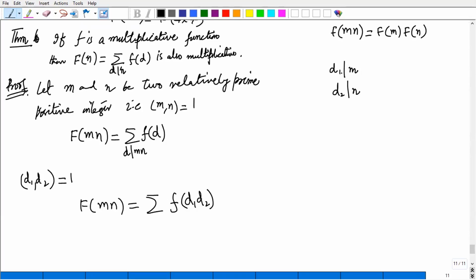So we represent divisors of m by d1 and divisors of n by d2. This can be written as the sum of f(d1 d2), and this sum runs over the divisors of m and divisors of n.